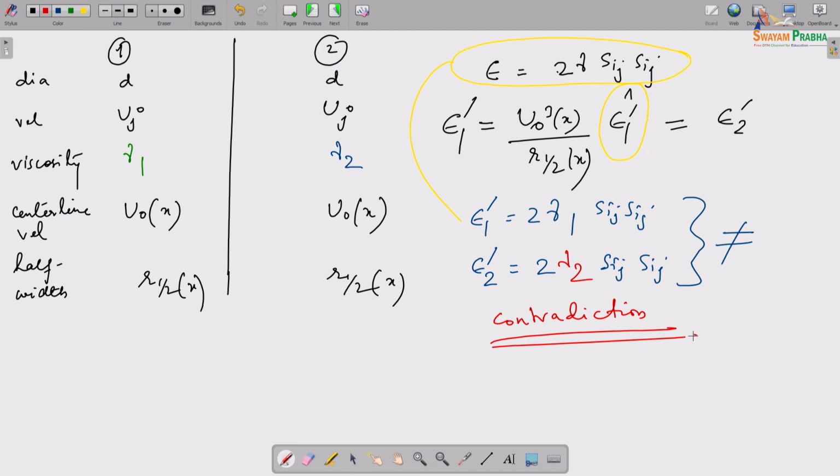Well, the only way we can explain that is to say that as the Reynolds number increases, the effect of viscosity reduces.